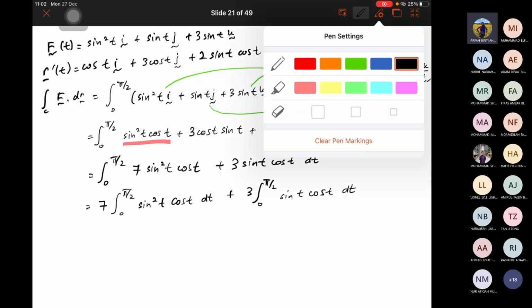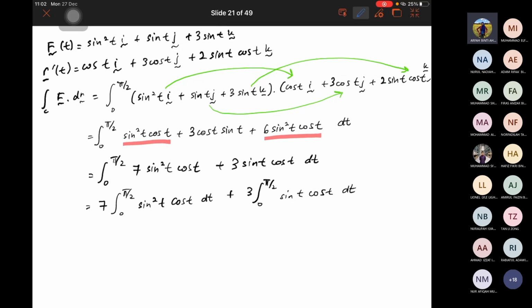So, using integration by substitution, taking u sama dengan sin t, du over dt equal to cos t. So, du equal to cos t dt. Okay.